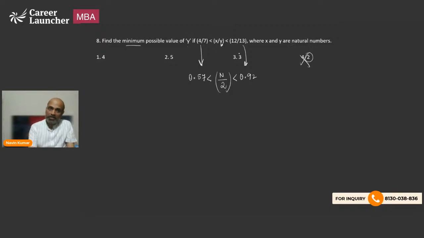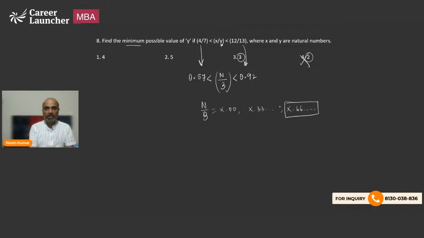Next smallest number is 3. So if I take a 3 here, any number by 3 is going to end in 0.00, or 0.33 infinite times, or 0.66 infinite times, right? So we can very clearly see that this is going to happen.